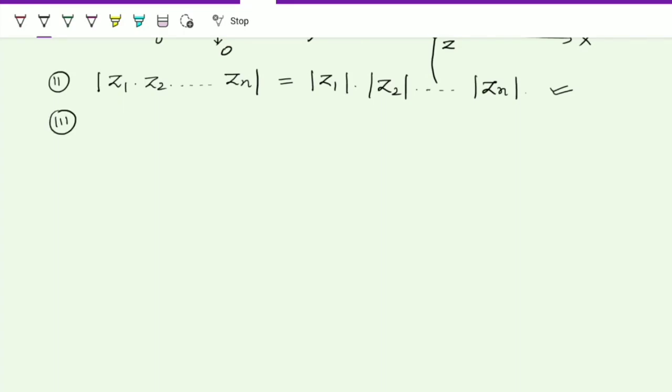Similarly, the third property is mod of z1 upon z2 will be equal to mod z1 divided by mod z2. Next, mod of z1 plus z2 is always less than or equal to mod of z1 plus mod of z2.